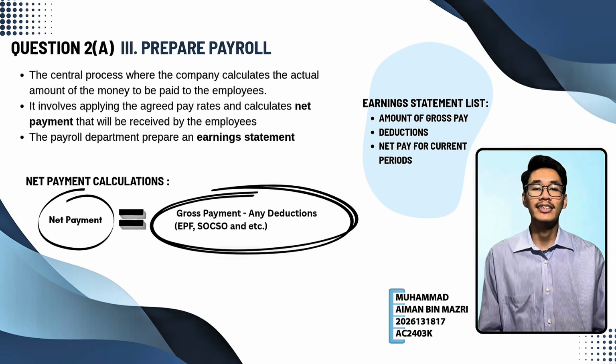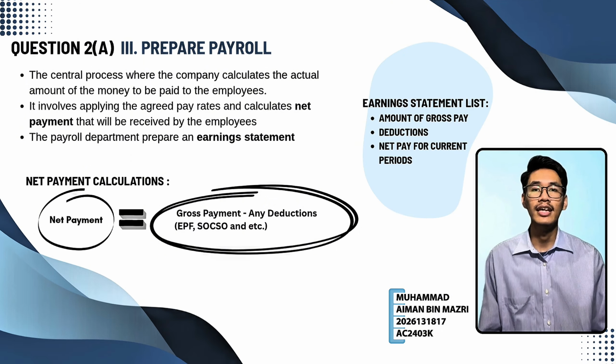So what is preparing the payroll process actually about? It is a central process where the company calculates the actual amount of money to be paid to the employees. In this process, it involves applying the agreed pay rates and calculating the net payment that will be received by the employee.